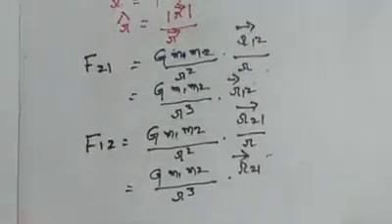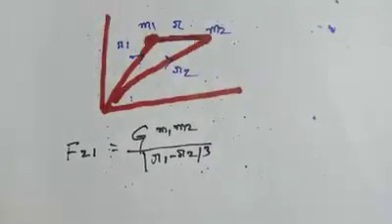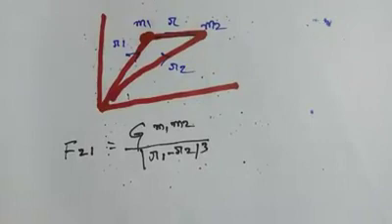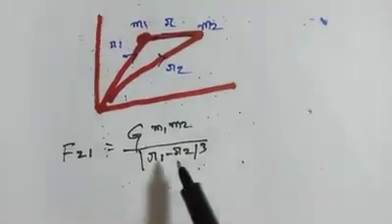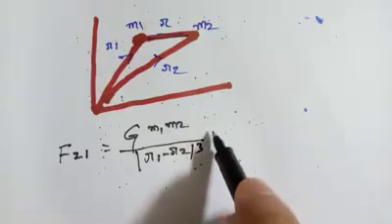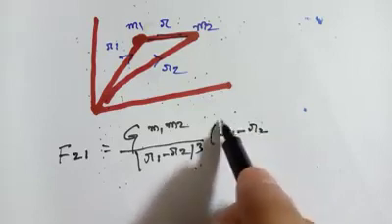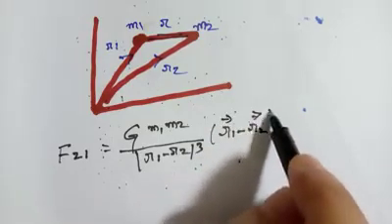This one is r cube, m1 m2 remains the same, and this one would be multiplied by r1 minus r2. Obviously it would be r1 minus r2. These are vectors, so we put the arrow signs.